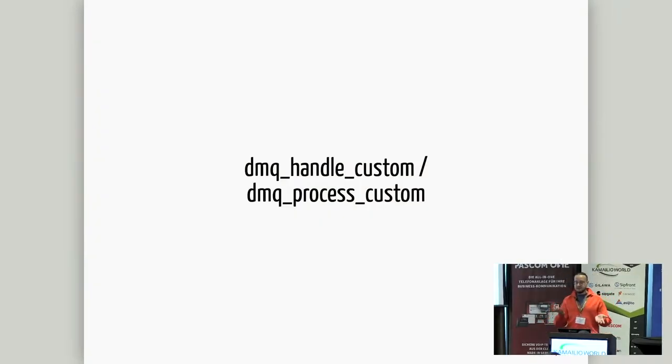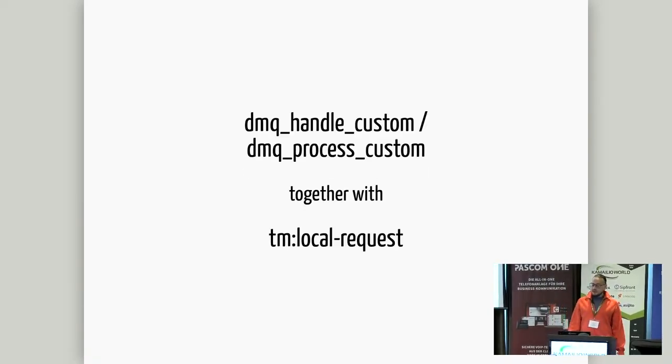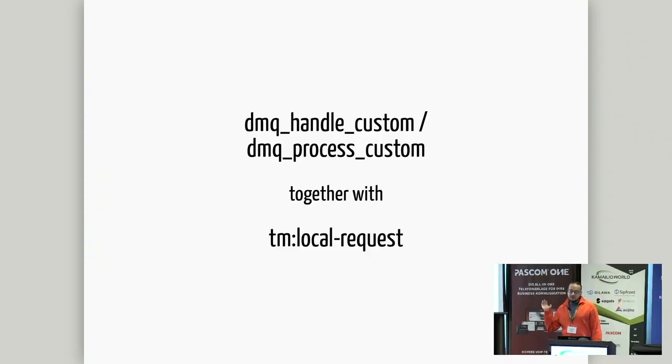The difference is that one handles the message in the same process, and the other sends it to a queue that is worked on by another process of the DMQ module itself. So using these functions and the event route local request, you can stop using SIP to send data.